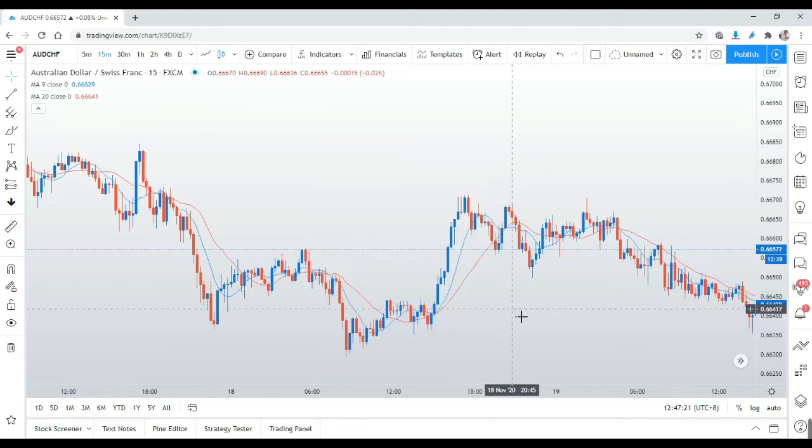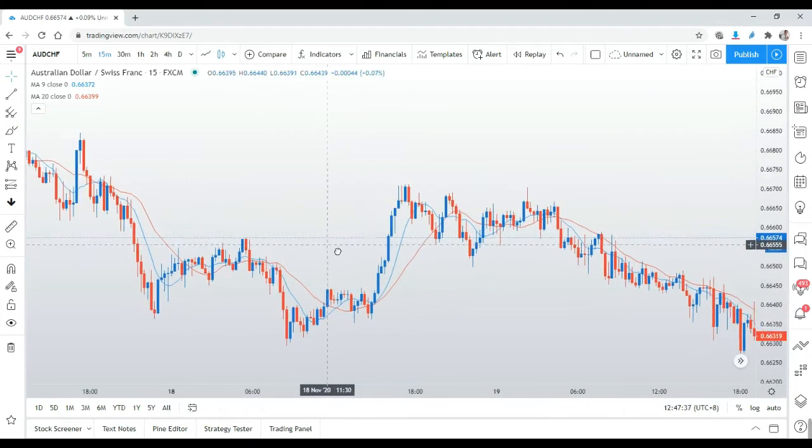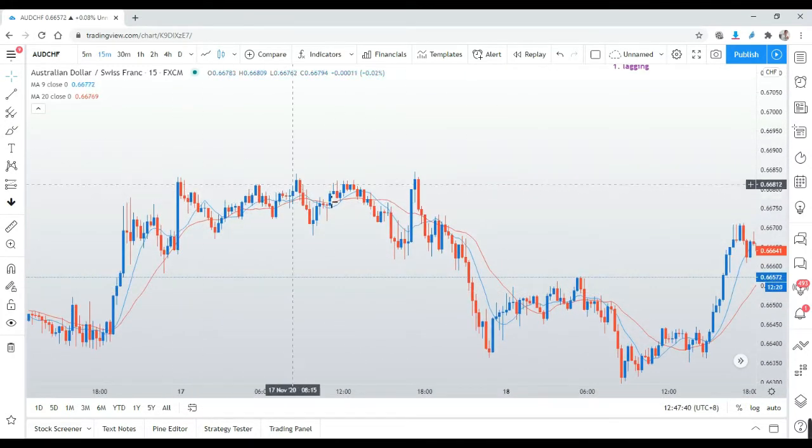So what is the problem? If you look at it, it is accurate sometimes, but you do not know the reason for going into a trade. Some of it we call a noodle type, meaning the MA crosses and then recrosses and recrosses.